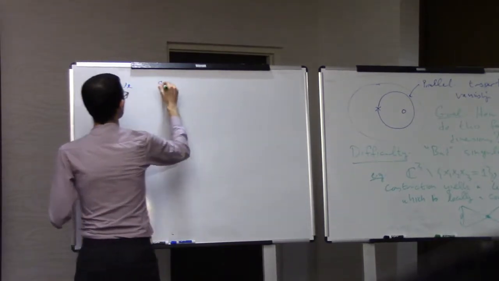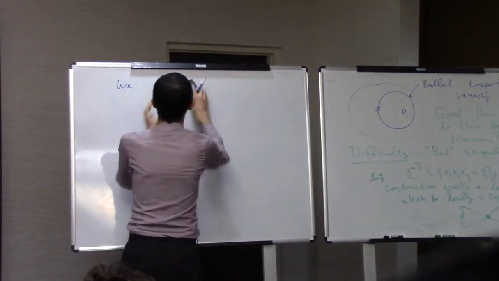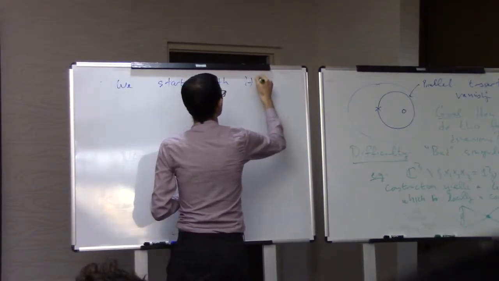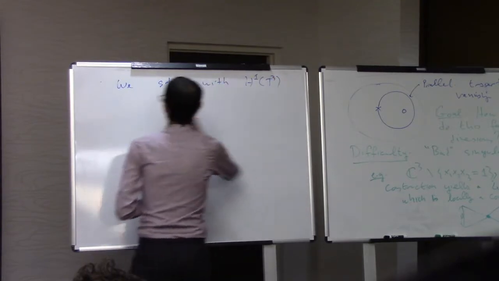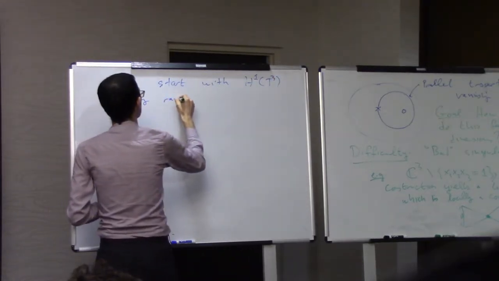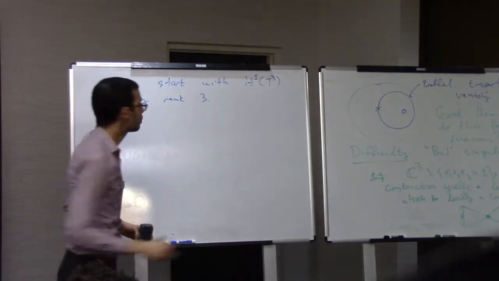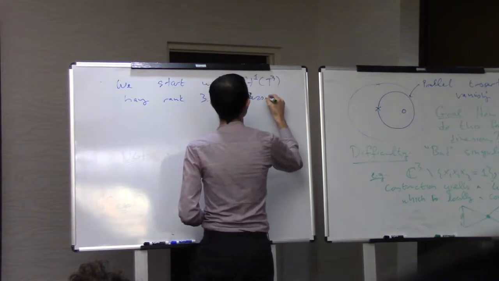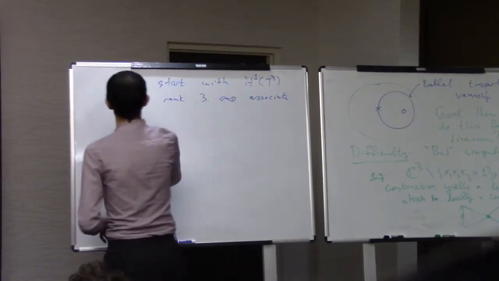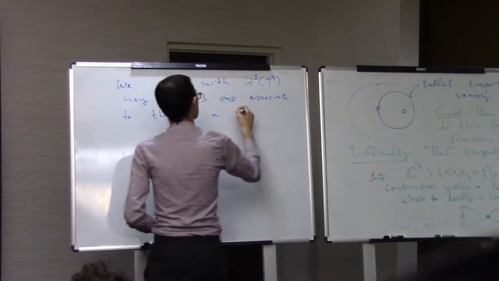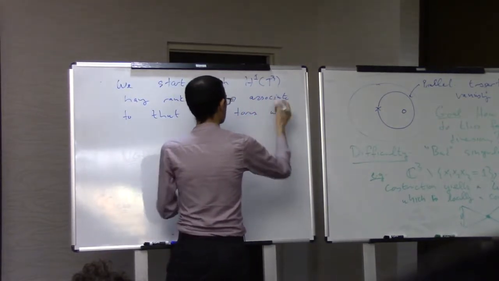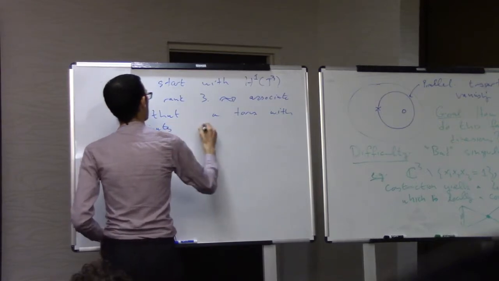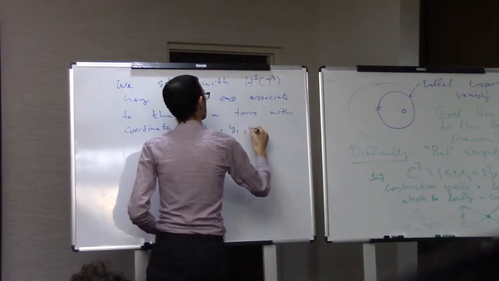We start with H1 of T3 having rank 3. Okay? And what I want to do is associate to that a complex torus with coordinates y0, y1, and y2.